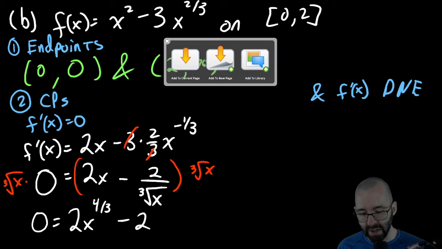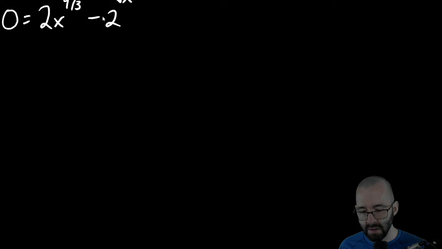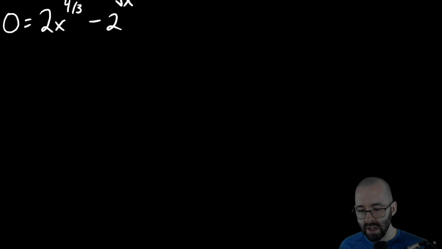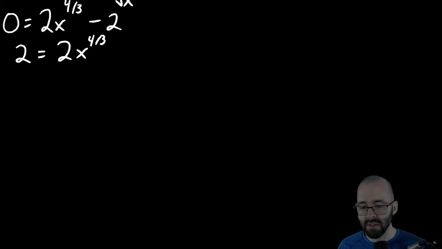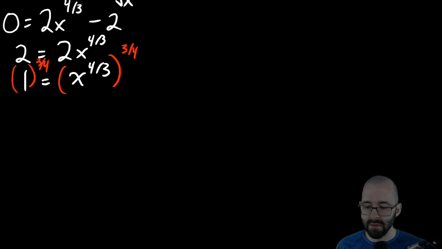And we can continue working with this. Add 2 to both sides. You're going to get 2 equals 2x to the 4/3. Divide both sides by 2. And then raise both sides to the 3/4 power. 1 to any exponent is still 1.